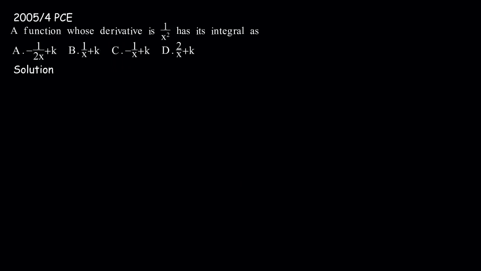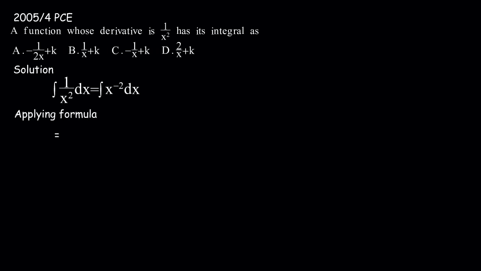Our final question states that a function whose derivative is 1 divided by s squared has its integral as. Basically, we are asked to find the original function that we are going to be integrating 1 divided by s squared. And from indices, 1 divided by s squared is the same as s to the power of minus 2. So therefore, the integral of 1 divided by s squared ds is equal to the integral of s to the power of minus 2 ds.